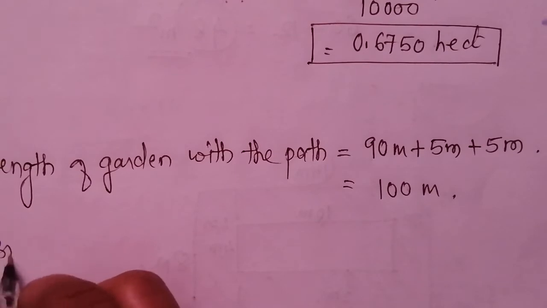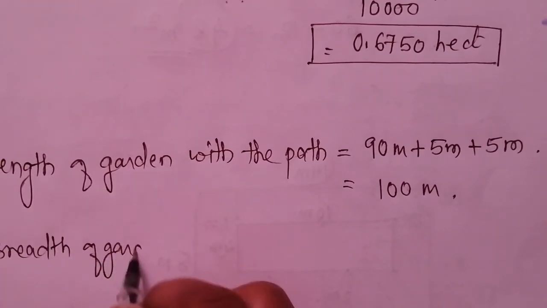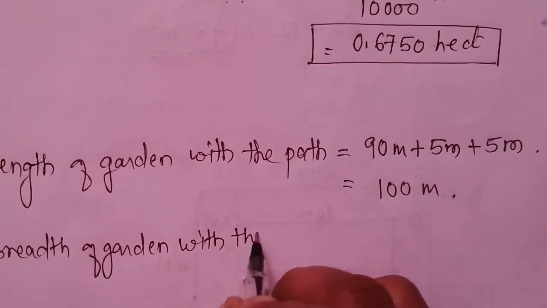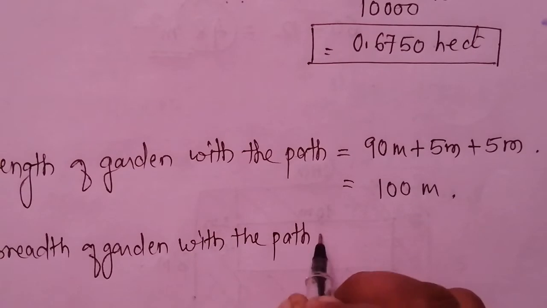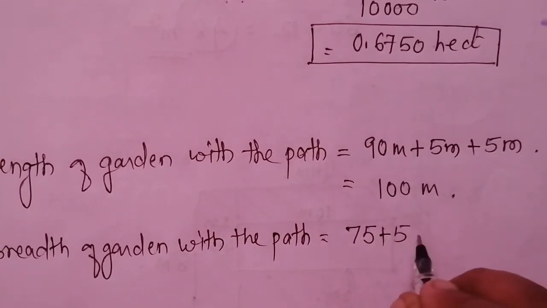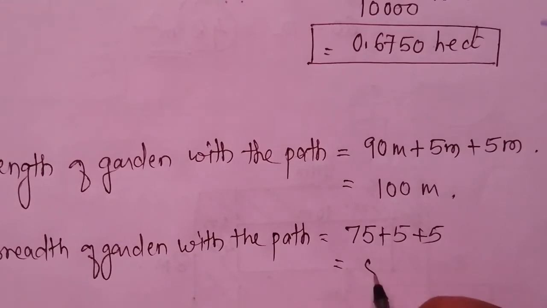Now the breadth of the garden with the path. The breadth is equal to 75 plus 5 plus 5, which is 85 meter.